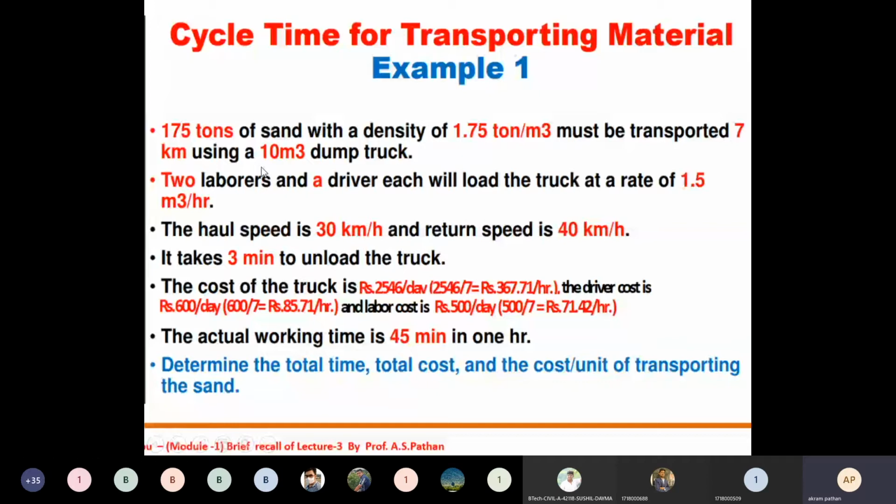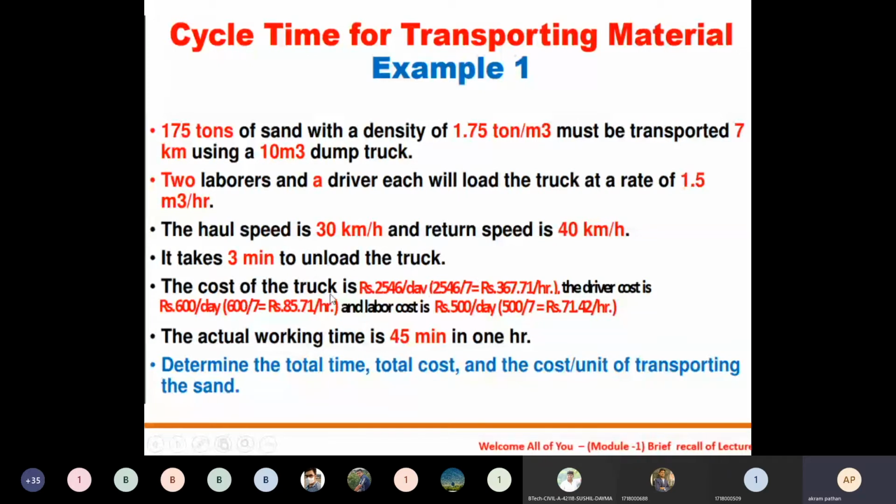In this we require two laborers and one driver. These three carry out this work with a rate of 1.5 meter per hour. The travel speed from the site to your construction site is 30 km per hour, the return speed is 40 km per hour, and it takes 3 minutes to unload the truck.